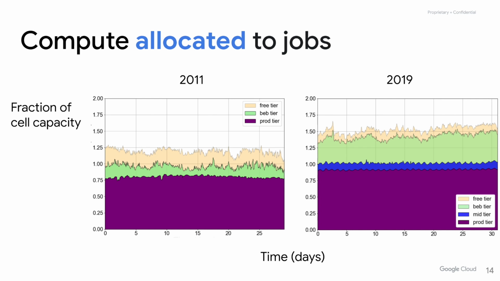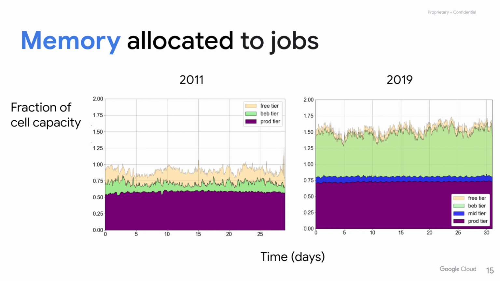The takeaway here is the fact that cells in Borg are oversubscribed, and the rate of this oversubscription has actually increased in the past 8 years, and cells in 2019 are a lot more oversubscribed than they were in 2011. If we take a look at the memory allocated to jobs, this oversubscription is even more drastic.